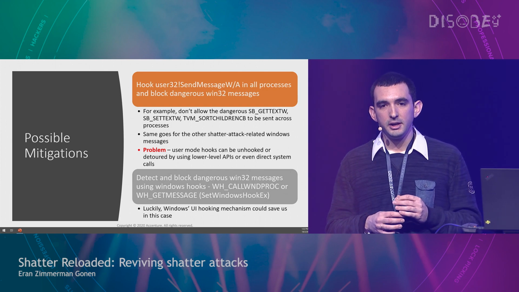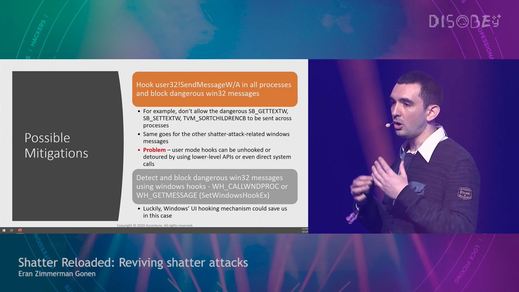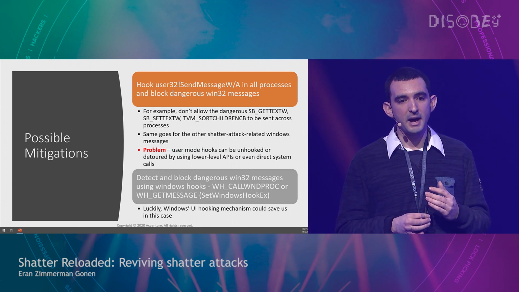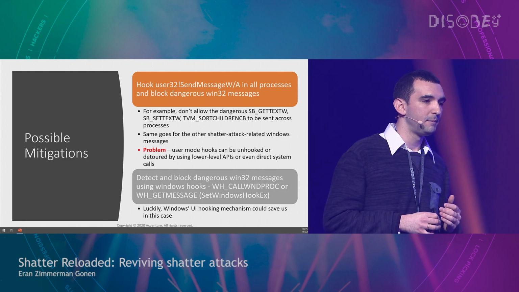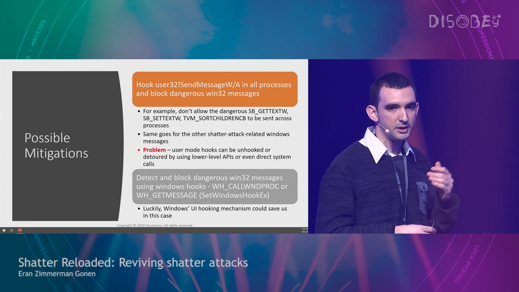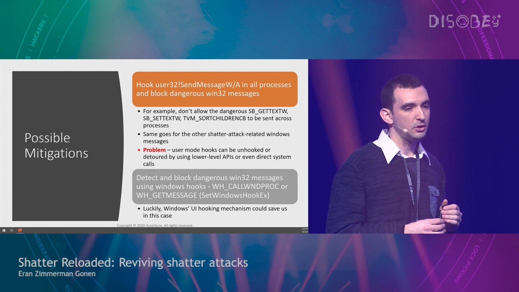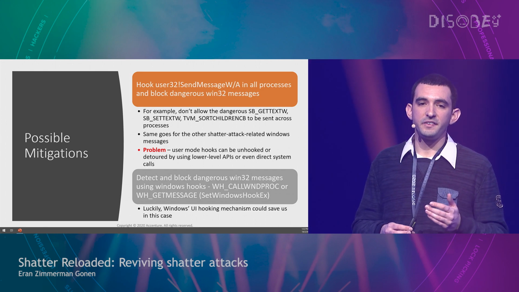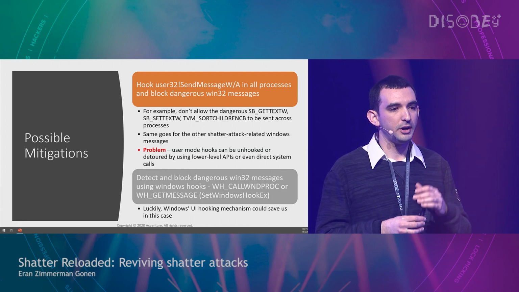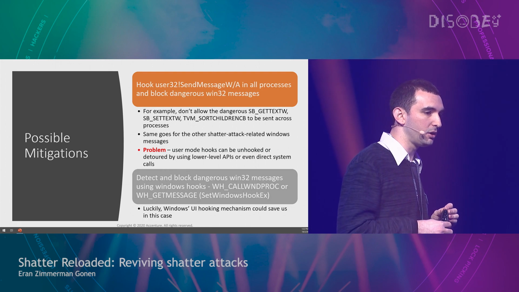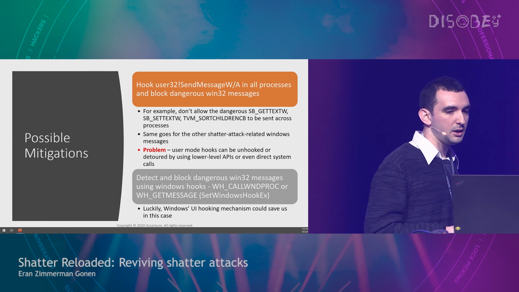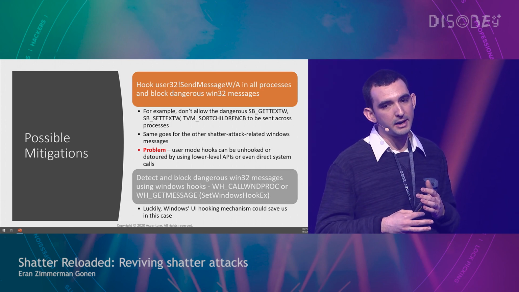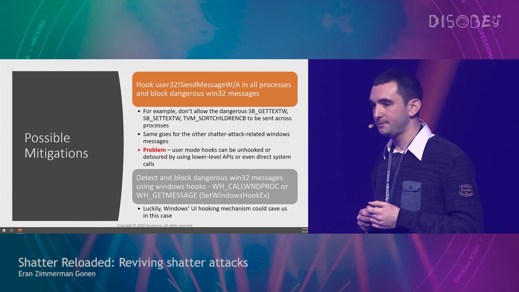What those would do is inject a DLL into all the processes inside this desktop and specify a callback that would be called whenever either the Windows procedure is going to be called or a message is received in a process. And that callback could verify the safety or the security of this message coming along, and it could block any dangerous messages. So luckily for us, Windows has this mechanism. It just needs to be used.